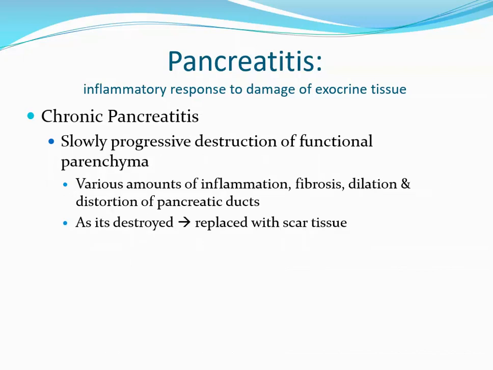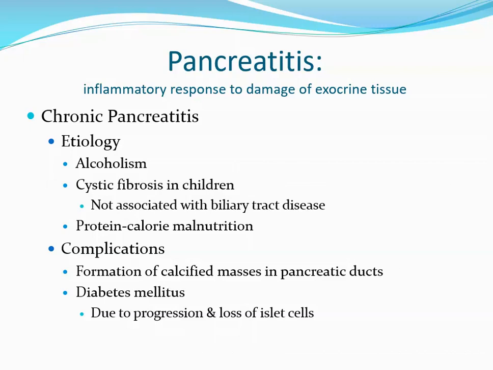Chronic pancreatitis is a slowly progressive destruction of the functional parenchyma of the pancreas with various amounts of inflammation and fibrosis, dilation and distortion of the pancreatic ducts. As the pancreatic tissue is destroyed, it will be replaced with scar tissue.